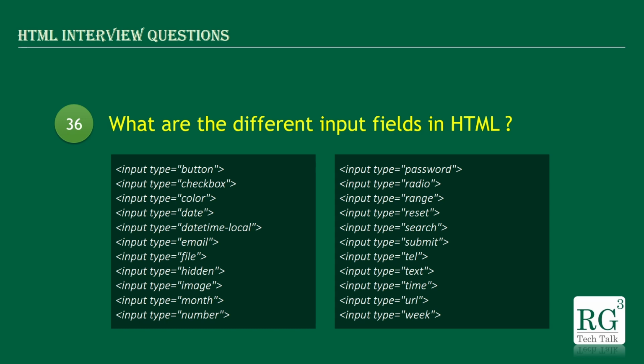We have input type as button, checkbox, color, date, datetime-local, email, file, hidden, image, month, number, password, radio, range, reset, search, submit, tel, text, time, URL and week. Out of these, some were newly introduced in HTML5, for example date, datetime-local, email, month, reset and so on.